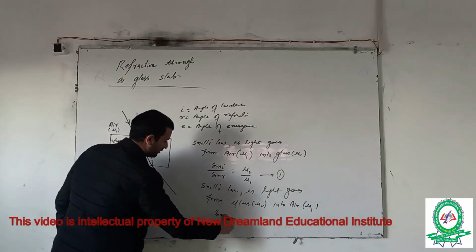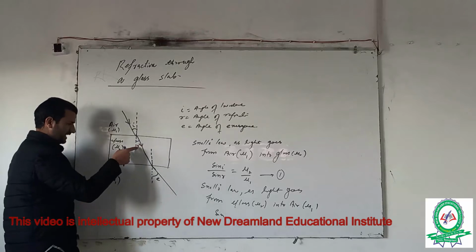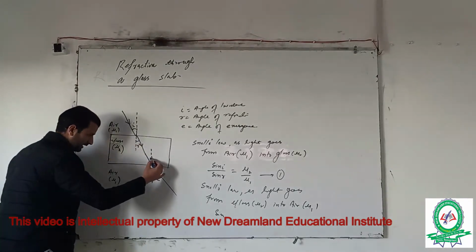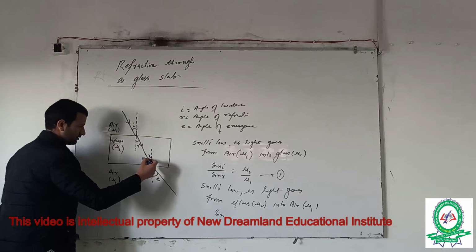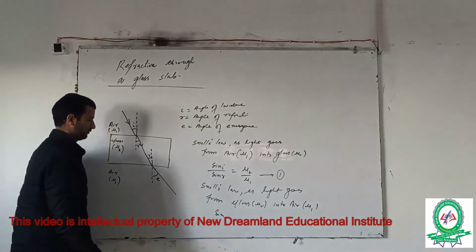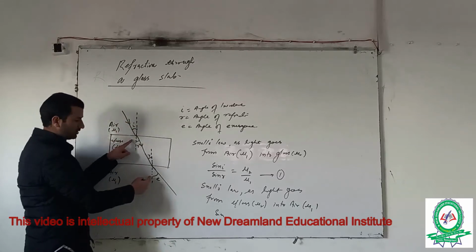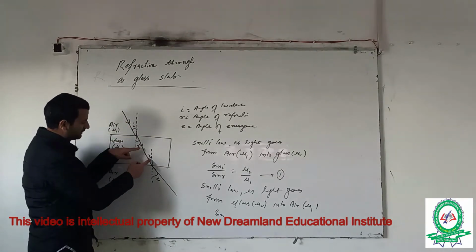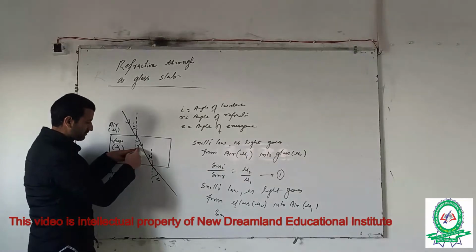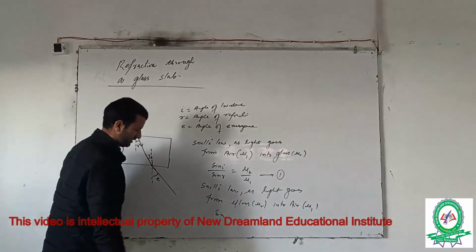So it is sine of, now this angle is R, तो ये एंगल भी R ही होगा, but alternate angles. So this angle is R, तो ये एंगल भी R ही होगा, because these are normal. ये जो normals हैं, they are parallel to each other. So this angle and this angle, they will be equal, and reason is alternate interior angles.